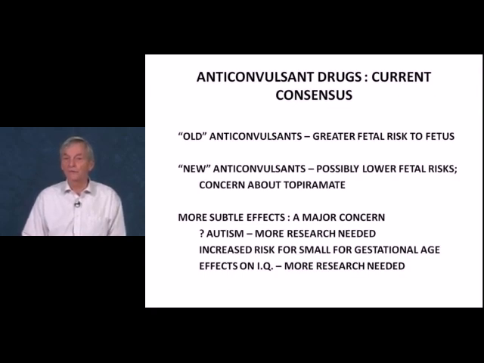We hope this is somehow related to the way the drugs are developed in terms of their structural formula, their metabolism, some aspect of that that's the basis for this apparent improvement in the risk. As I mentioned, that's true in general for topiramate, for levetiracetam, lamotrigine, but we are concerned about topiramate, which would fit into the new anticonvulsant group, and it is a cause for concern.